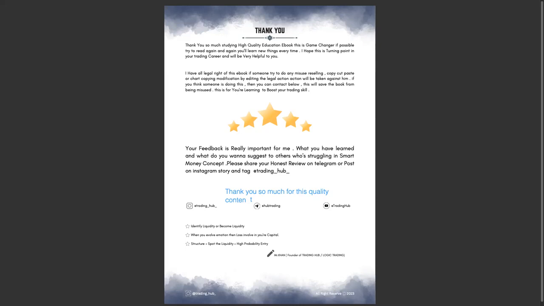I recommend you start from any topic. First, if you can identify the structure mapping, then start with structure mapping. If you are able to identify better inducement, then start from inducement identifying, then entry in a lower time frame. Simple. If you want to trade based on the session, then you can trade based on the session.